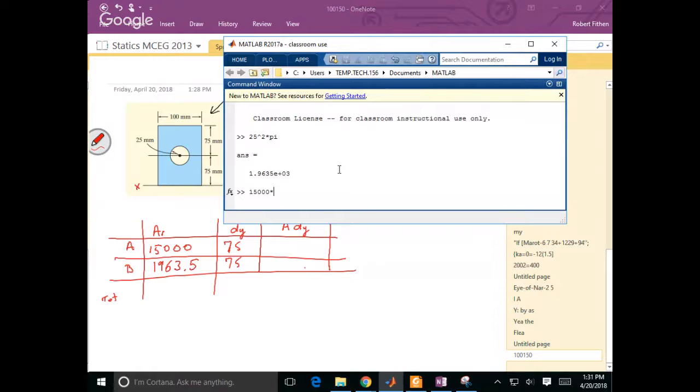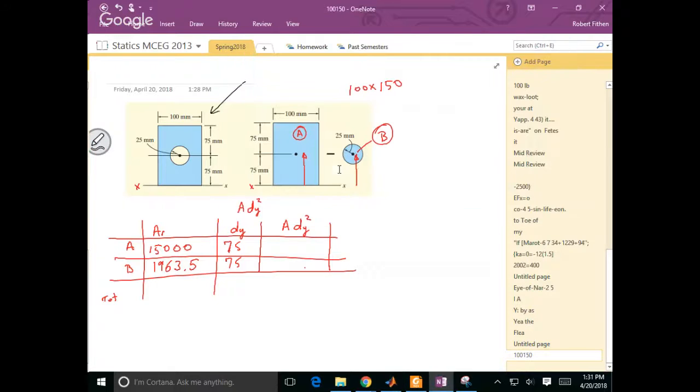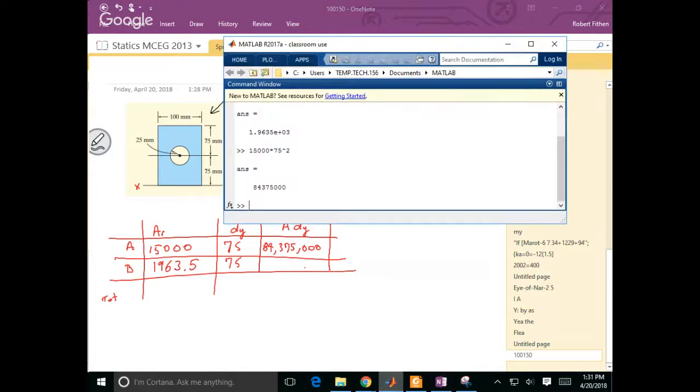0 times 75 squared. Oh my gosh, okay, that's 84,375,000. Is that right? Yeah. Okay, so let's do the last one. 75 squared there.